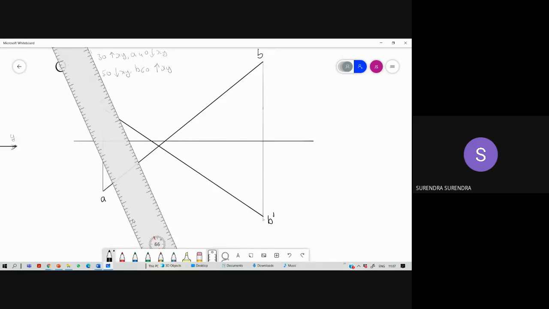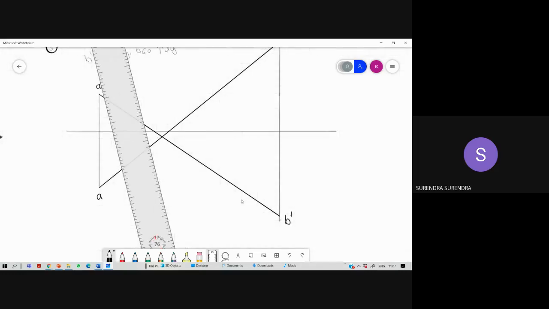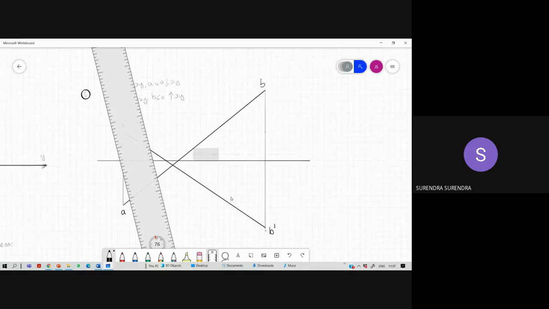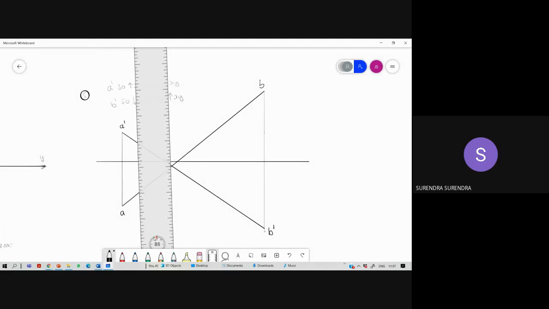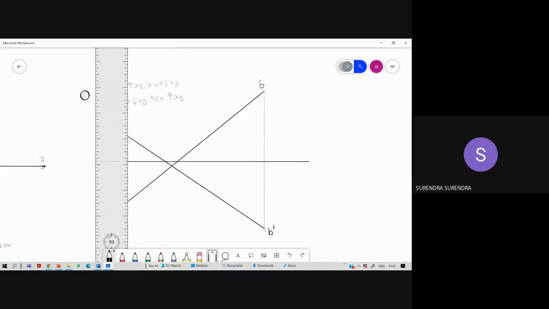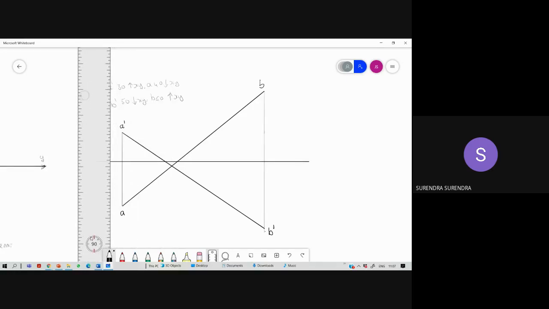Dimensioning is a must. Represent the dimensions with H pencil.